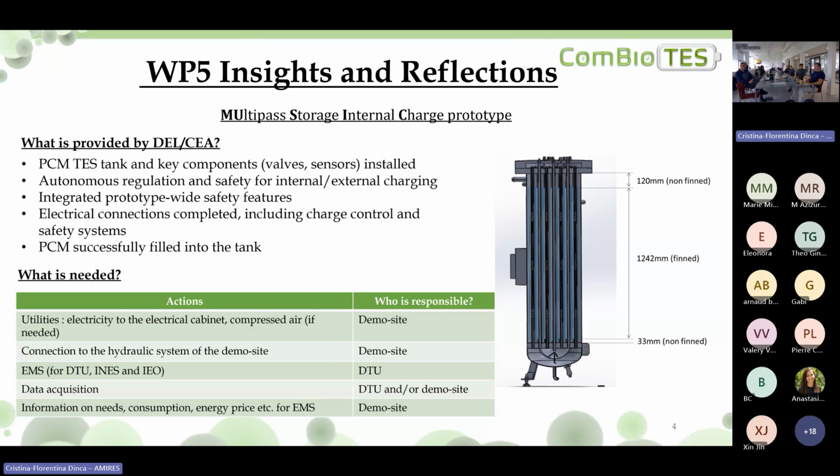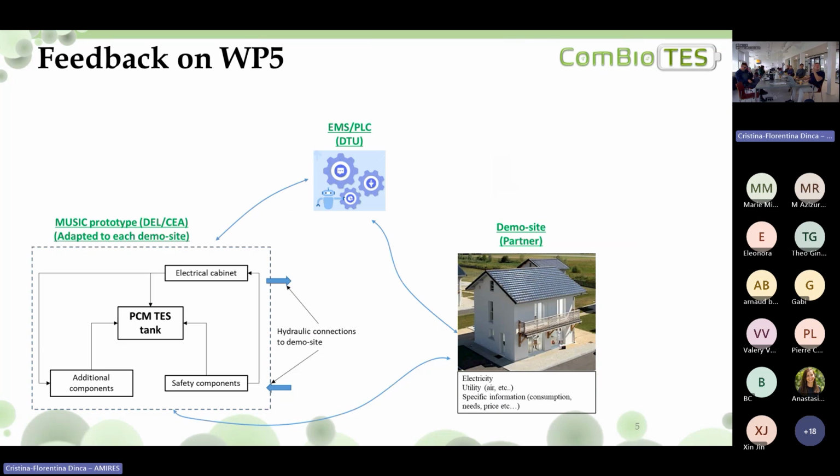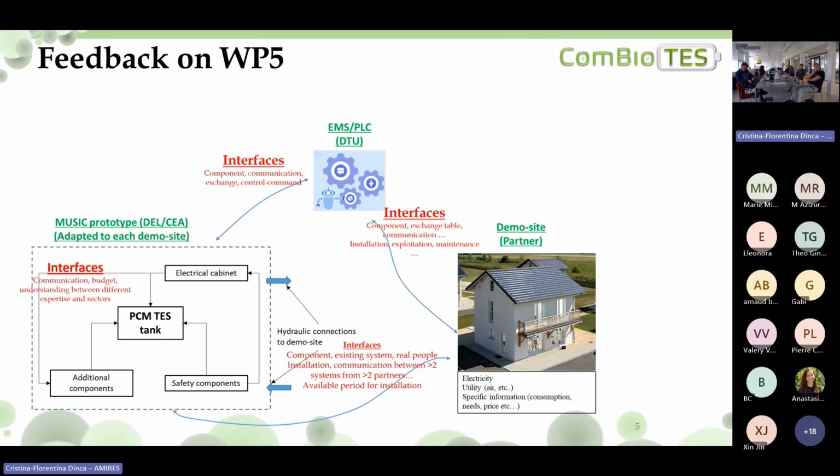You have some interfaces, and you have to be sure that everything is working properly. Then you have to install the EMS, and you have some interfaces. The data acquisition, and you have some interfaces, and a lot of stuff like that. So if we come back to this scheme, that means that in fact we have interfaces everywhere. I think that all partners individually have a lot of experience at doing their own job in their lab, in their company, in their factory, without interfaces and with minimum interfaces.